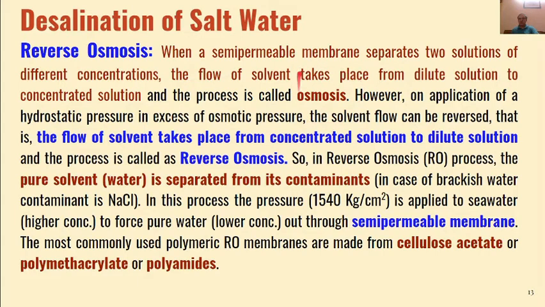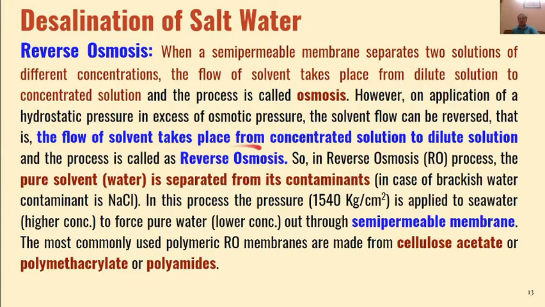However, if the opposite happens, that is, if the flow of solvent takes place from a solution of higher concentration to lower concentration, then that process is called reverse osmosis. So the flow of solvent from concentrated solution to a dilute solution is called reverse osmosis.